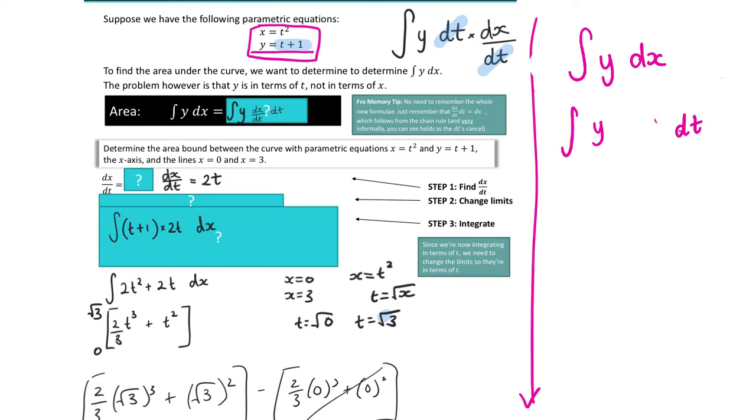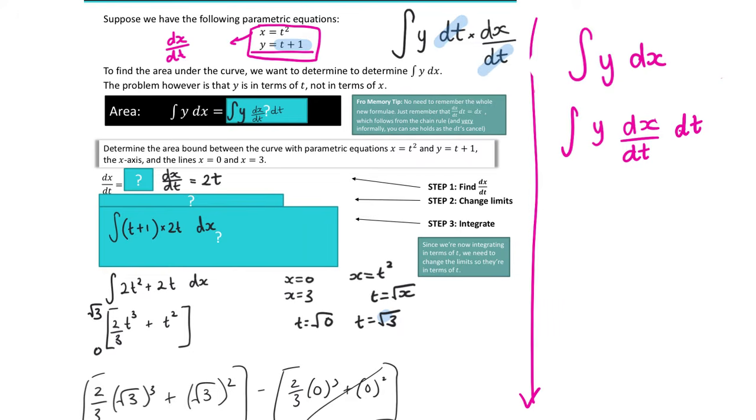However, we want dx. Now, theoretically, we know that the only way to get dx is we could differentiate x with respect to t, dx by dt. So in theory, these two would cancel out and we're left with y by dx. This is why it works.